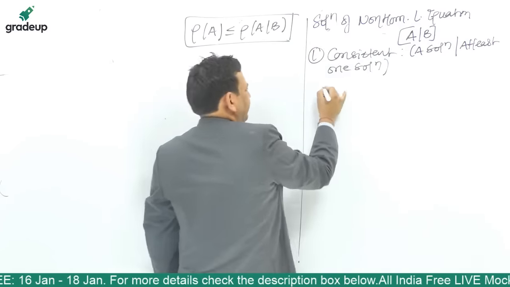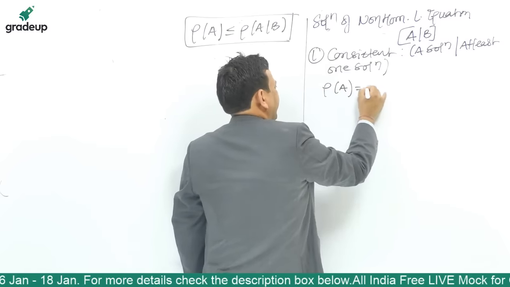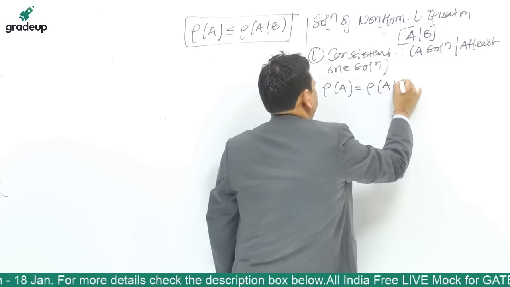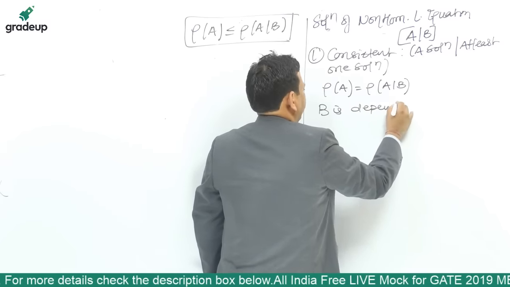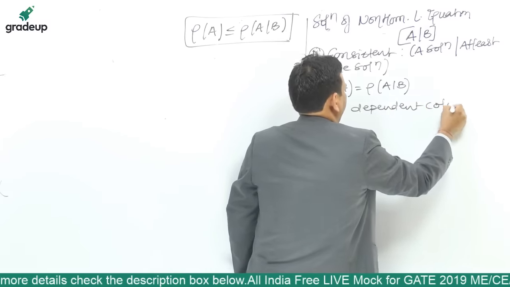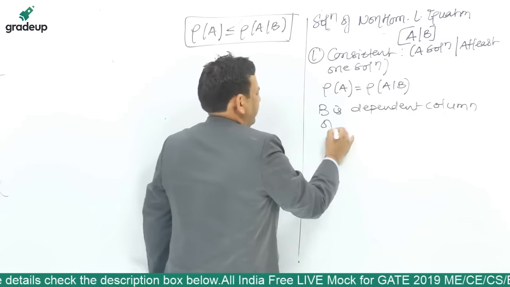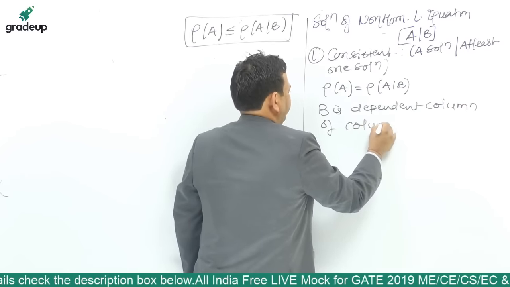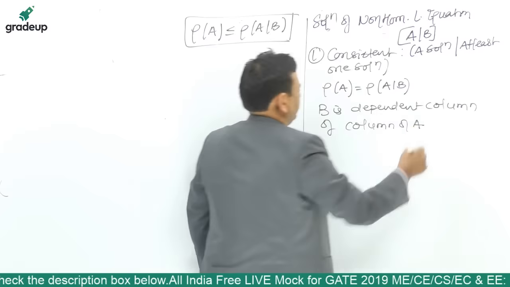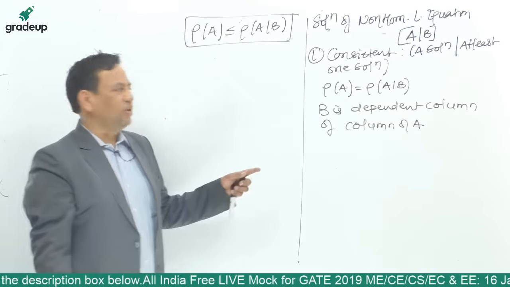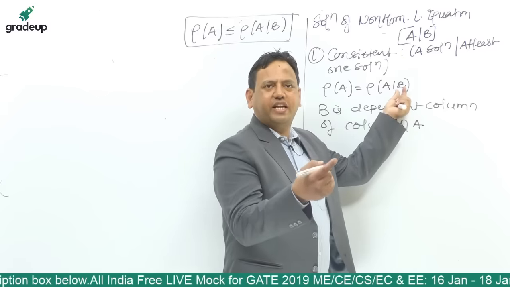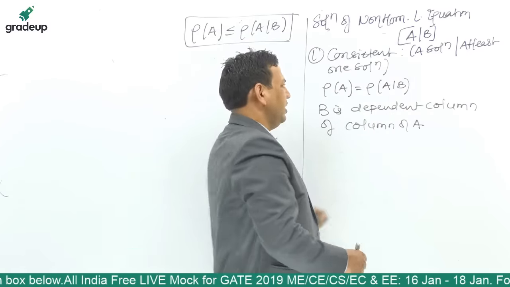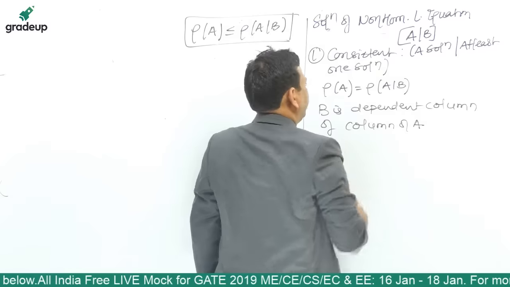Now what is the condition? We will say the rank of A is equal to the rank of AB. So we will say B is a dependent vector on the columns of A. Always remember, consistent solution means the rank of A and of AB are equal. So whenever you add a new vector, it is dependent on the already given vectors.